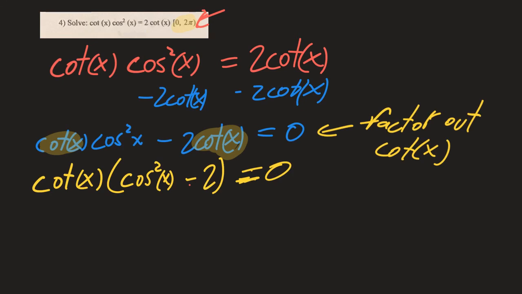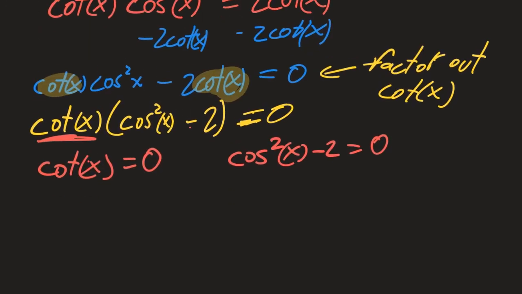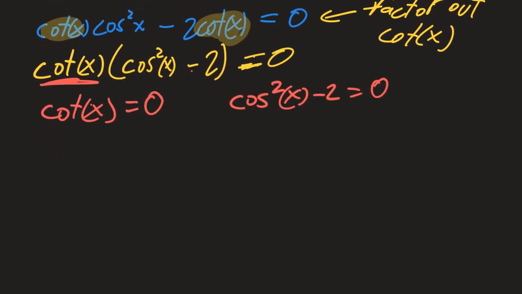Now, individually, each of these factors can be equal to 0 and give us its own solutions. So this first part, cotangent x, can be set equal to 0, and the second part, cosine squared of x minus 2, can be set equal to 0 as well. Let's start with that first one, cotangent x equals 0.